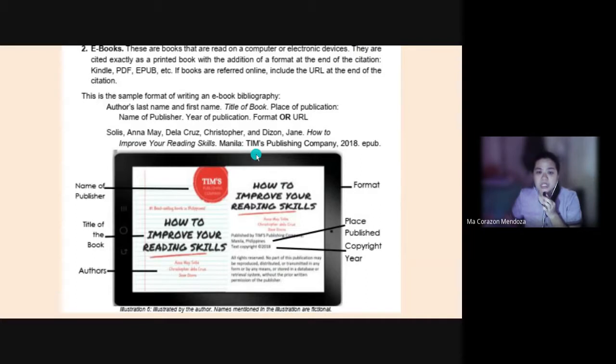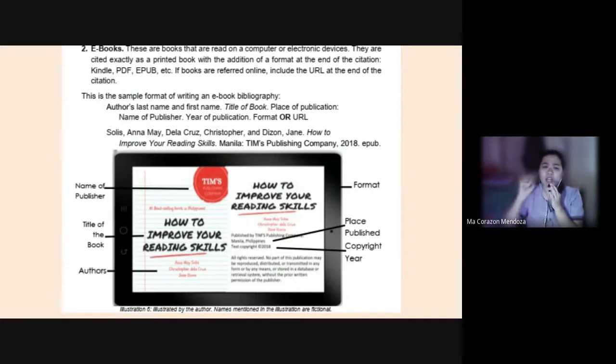Tim's Publishing Company, comma, 2018, period. And then PDF. Remember I told you PDF, so you will just put PDF. Now, if the file is EPUB, it's a format, then you'll put EPUB. If it's Kindle, you'll put Kindle.